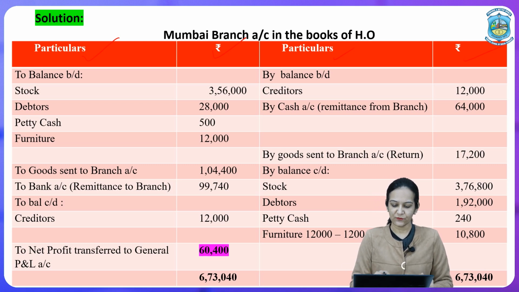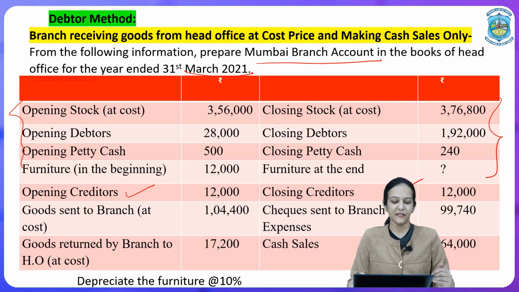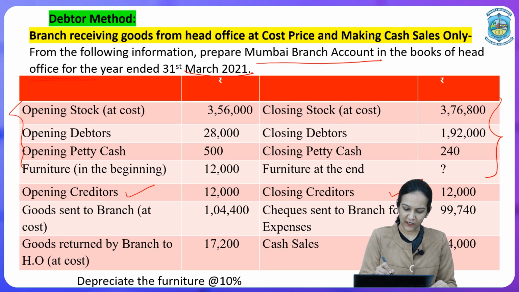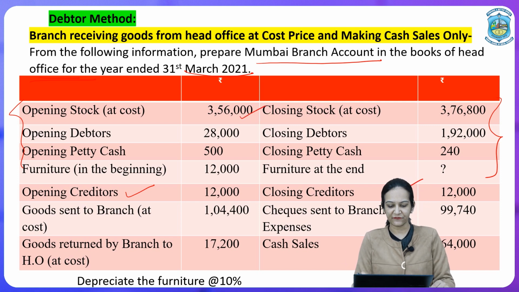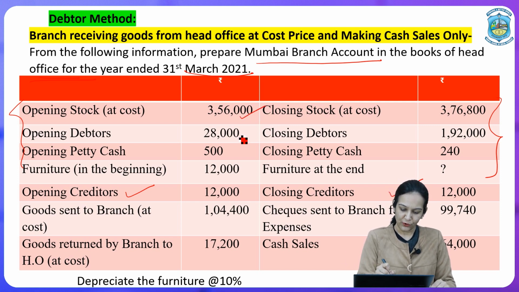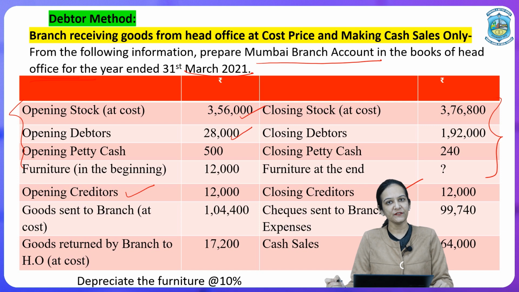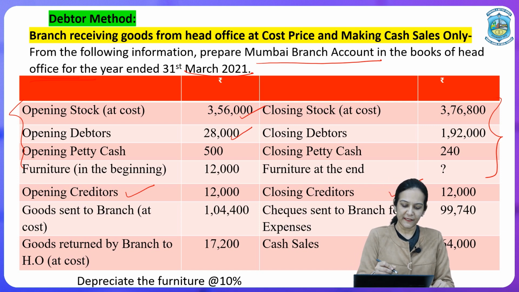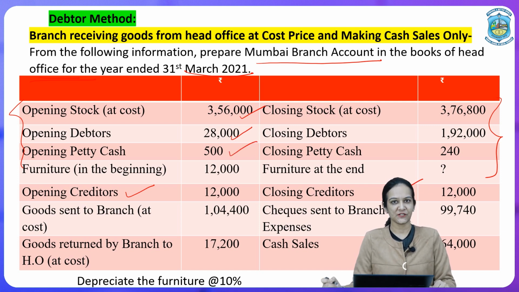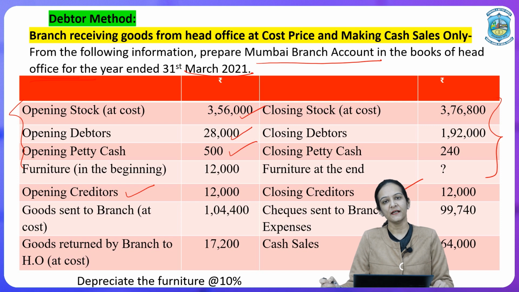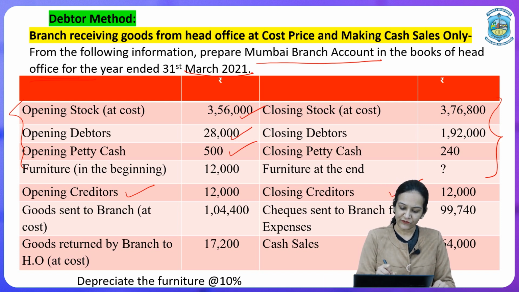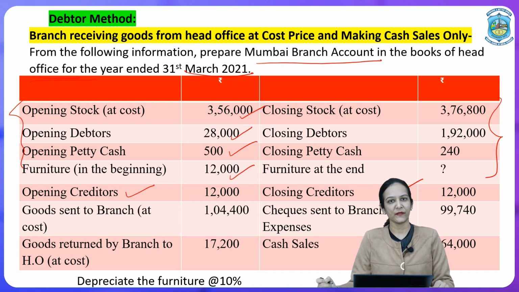Now let us understand what assets are given to us and what their opening balances are. In this question, for opening stock the balance is given as 3,56,000. Then the opening balance for debtors is 28,000. Then the opening balance for petty cash is 500 rupees, and the opening balance for furniture is 12,000 rupees.